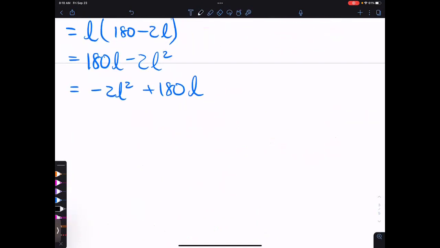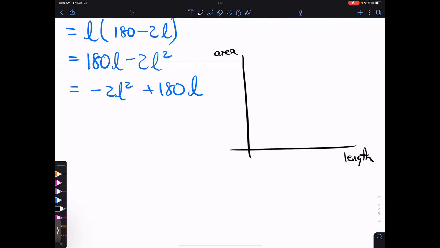All right, so if we look at a graph of area as a function of length, we're looking at something that looks about like this. We only care about what happens in quadrant 1 because we're talking about area and side length, so the only thing that matters is positive stuff, right?